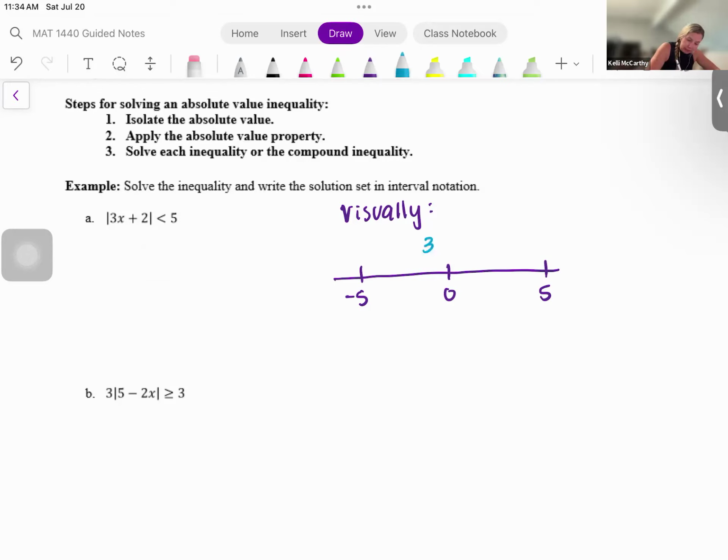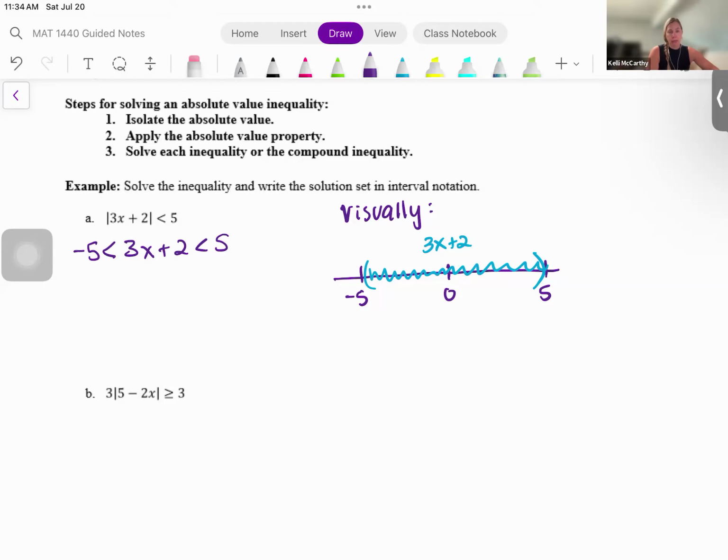So this 3x plus 2 is going to be some value between negative 5 and 5. But we're not going to include those two endpoints because those are exactly 5 units and we have to be less than 5 units. So this is visually why we set it up: negative 5 is less than 3x plus 2 is less than 5.